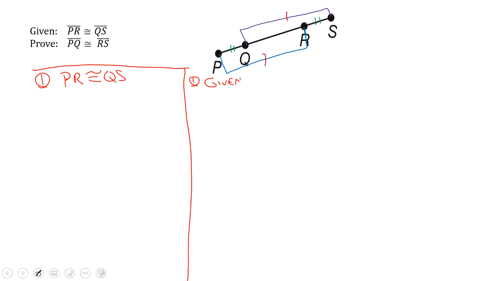I would definitely recommend numbering both sides of your proof as well. So that's our given. Pretty simple to see. So from there, what we can say is that 2PR equals, whoops, I'm going to put my bars on, I forgot my bars, QS.